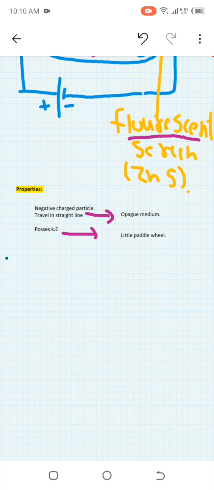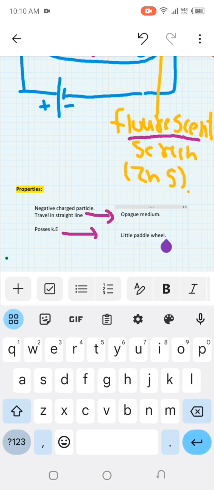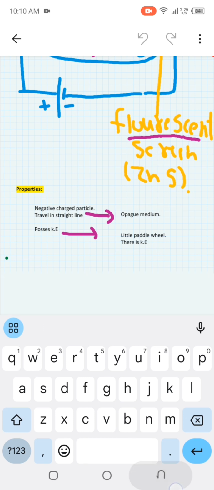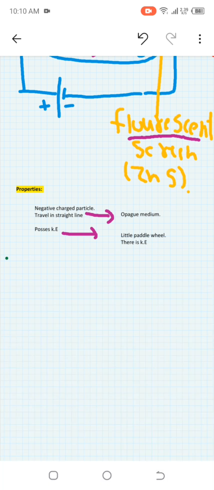When the electrons were moving, that paddle wheel was also moving. So through that they identified that kinetic energy is present, which is making the little paddle move. Kinetic energy is what? That is motion, making anything move like that.